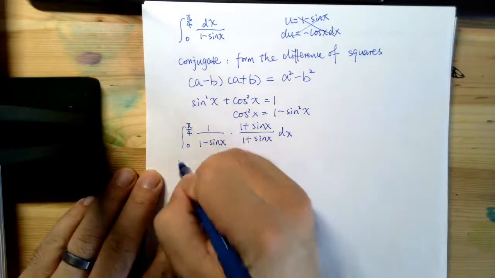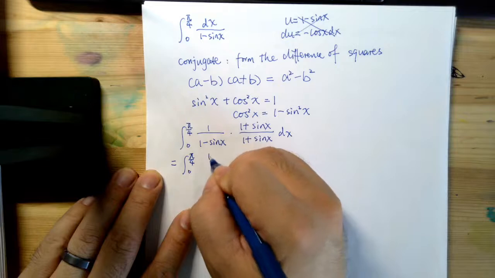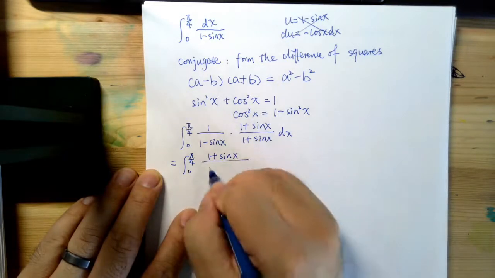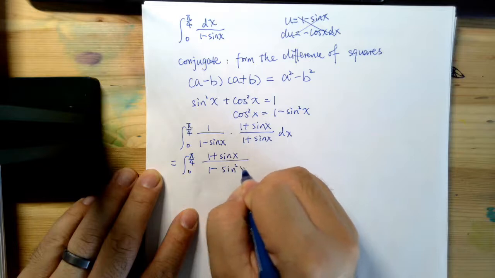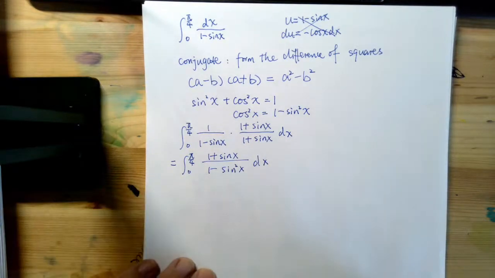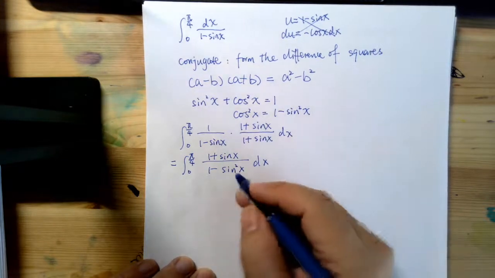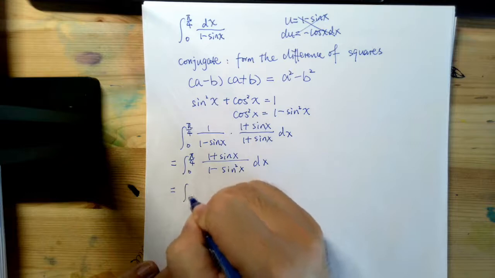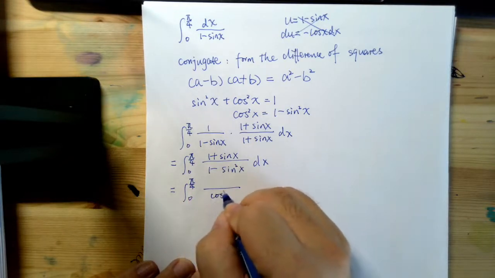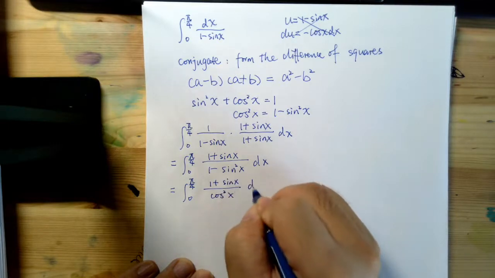If you simplify it, this is what you get. On the top, it's 1 plus sine x. On the bottom, it's 1 minus sine squared x dx. As we just discussed, we're going to use this trig identity to change our denominator into cosine squared x.